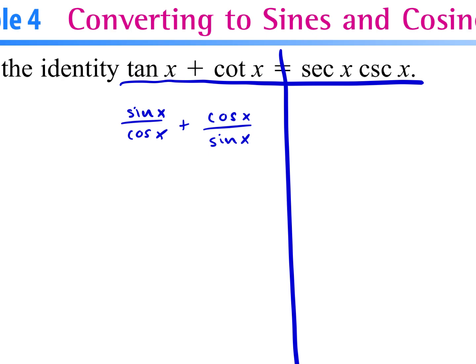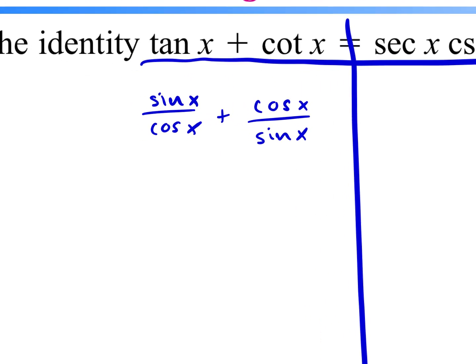Now we said before our goal is to add these together to be one thing. So how would I add these together? What do I need? Common denominator. So I'm going to multiply the top and the bottom here by sine. I'll make our common denominator sine times cosine. And then I'll multiply the top and the bottom here by cosine.